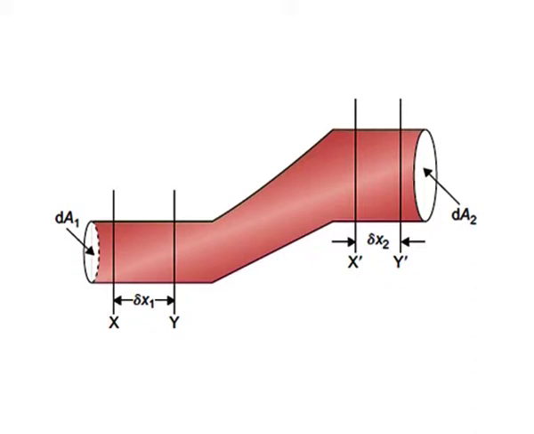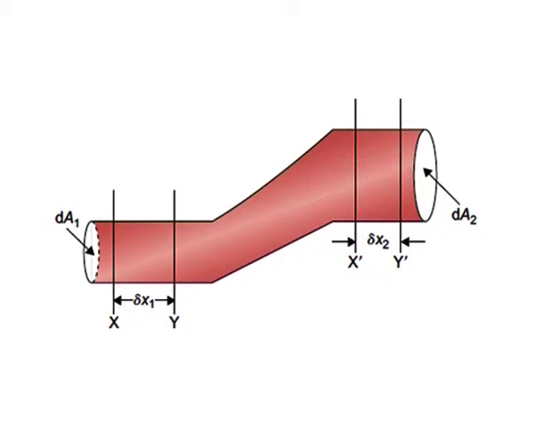Since the fluid is moving, suppose that in time step delta t, the fluid occupying the space x bar moves to space y bar. The distance between x and y is delta x1, and between x bar and y bar it is delta x2.